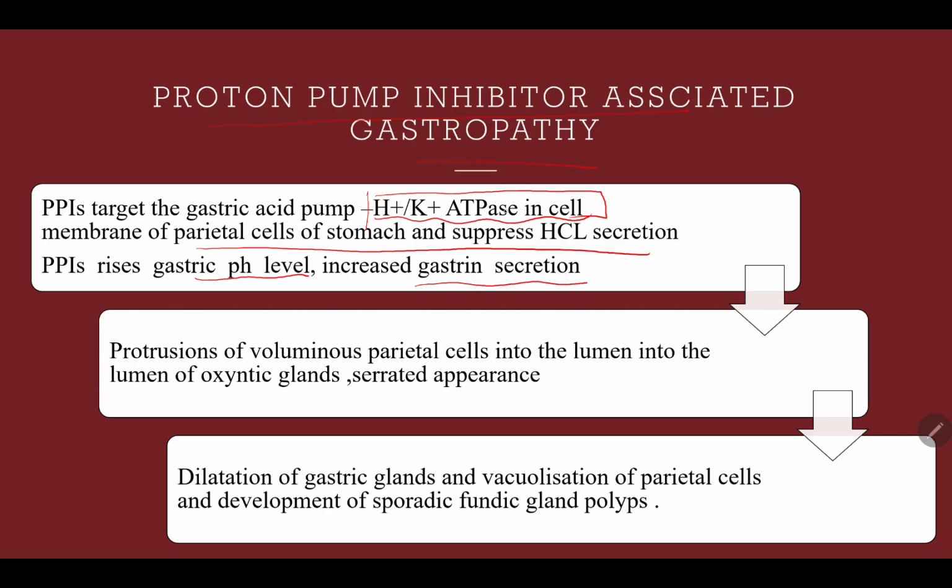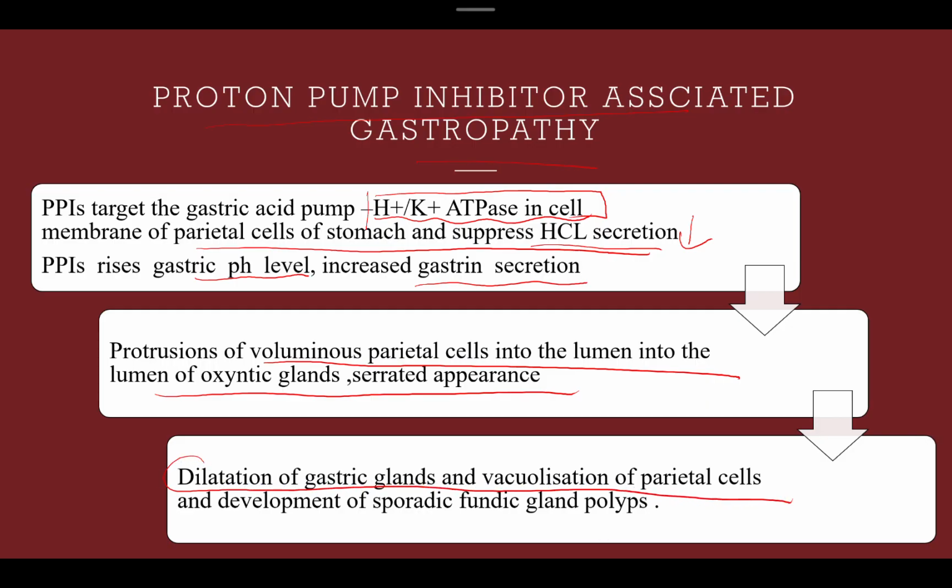Because the H plus K plus ATPase pump in the parietal cells is suppressed and hydrochloric acid secretion is diminished, the parietal cells protrude into the lumen of the oxyntic glands, giving a serrated appearance. There is dilatation of the gastric glands and vacuolization of the parietal cells, and this causes the development of fundic gland polyps.